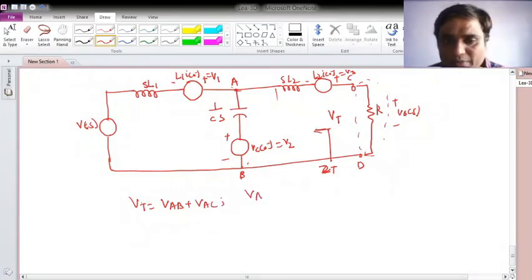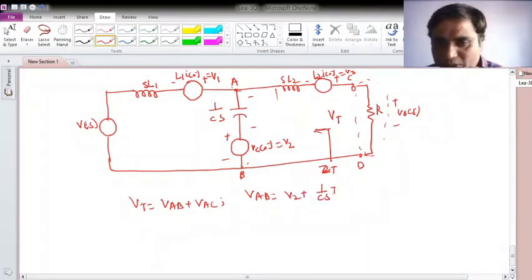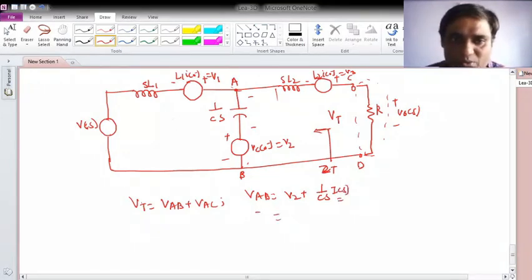Now I will obtain the VAB. What will be VAB? The voltage across the capacitor plus V2. So V2 plus the voltage across the capacitor, which is 1 over CS into I of s. Now I would like to obtain I of s. What will be the total I of s?